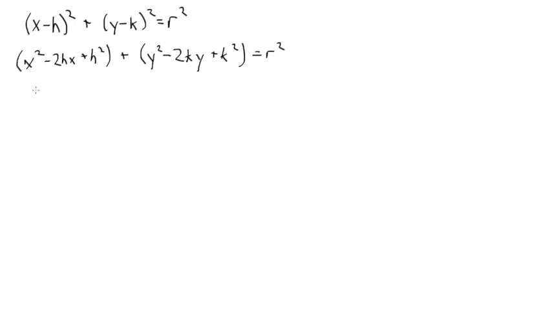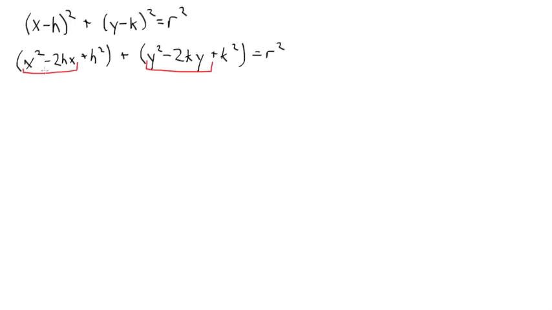So what I want us to focus on are the x parts and the y parts. Right here are our x parts, right here are our y parts. When we encounter the equation of a circle when it's already multiplied out, we want to group the y parts together and the x parts together.